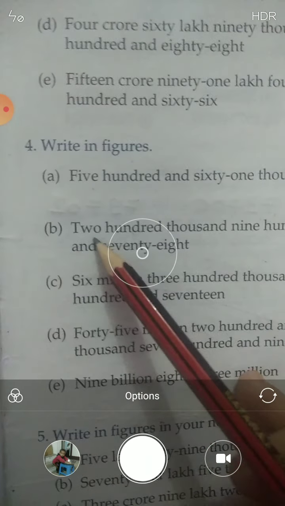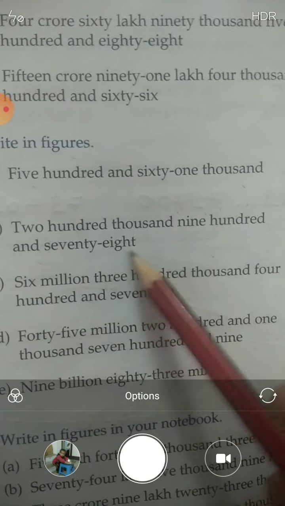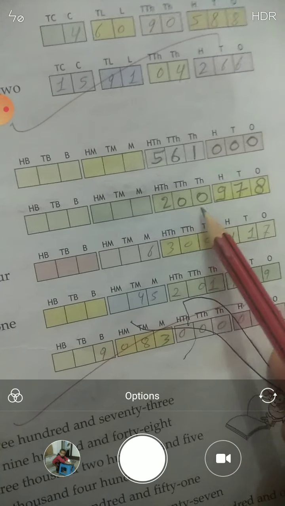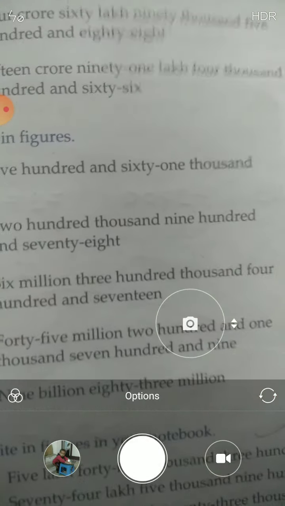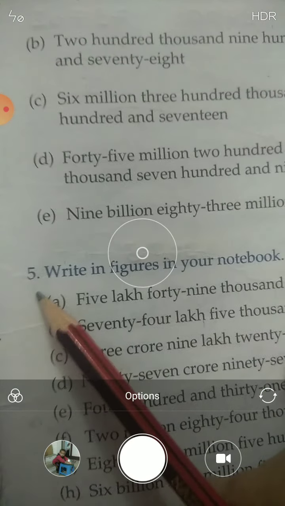Come to the B part: 200,978. Students, the rest of the part you have to solve in your book. From question number 1 to 4, all the questions you have to do in your book, and question number 5 you have to do in your notebook because no space is there.